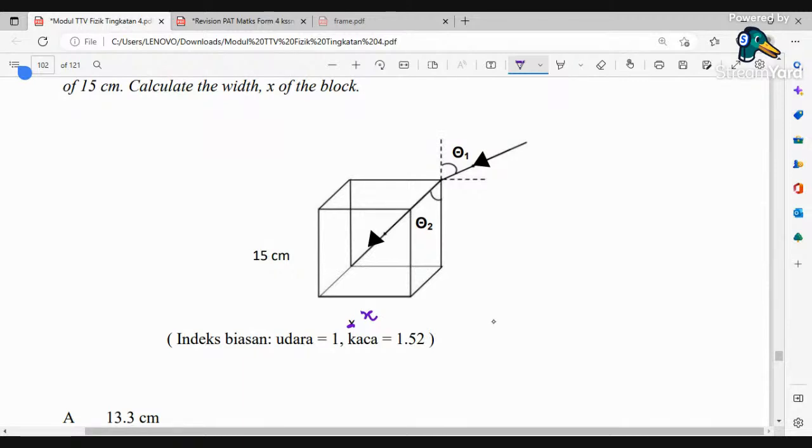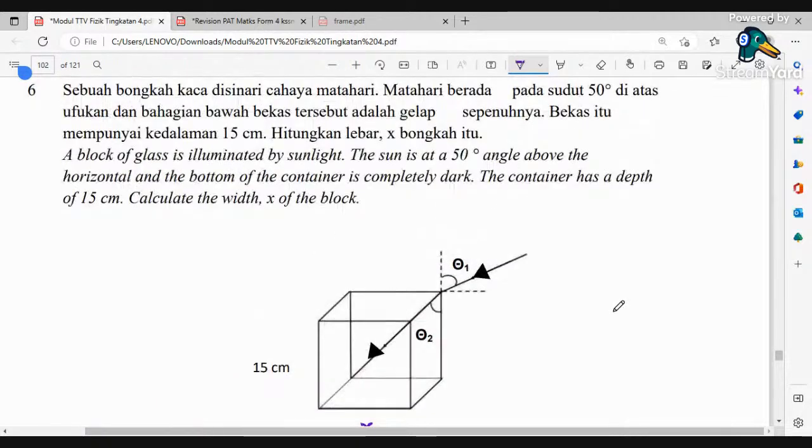The refractive index of air is 1, glass is 1.52. What is given? The sun is at 50 degrees angle above horizontal.